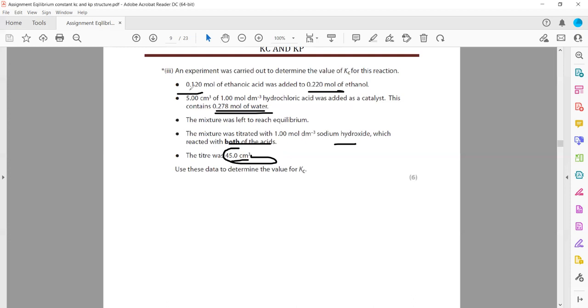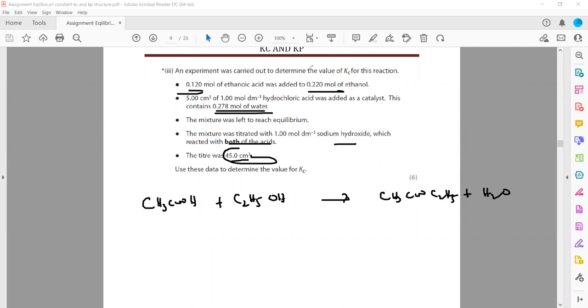So the initial moles are 0.12 and 0.22: ethanoic acid plus ethanol, C2H5OH, gives ethyl ethanoate, CH3COOC2H5, plus water, H2O.